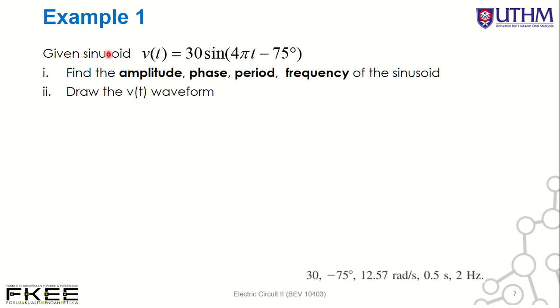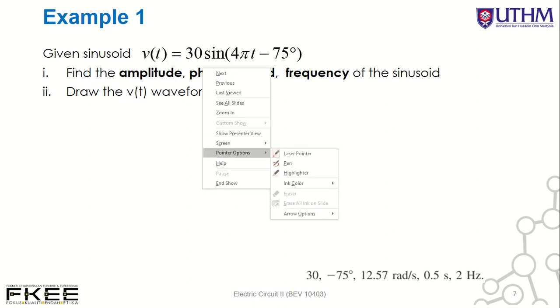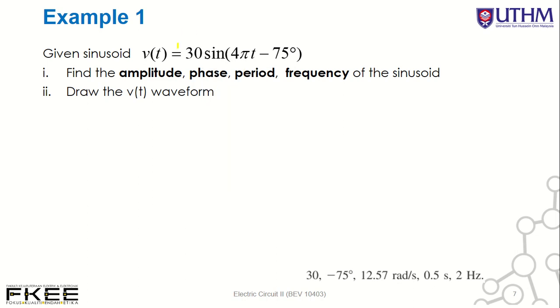Okay, what is the amplitude of this function? The amplitude is equal to 30. So what is the phase? Phase equals minus 75 degrees. So what is the period? How to determine the period?